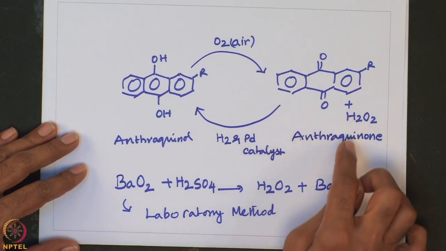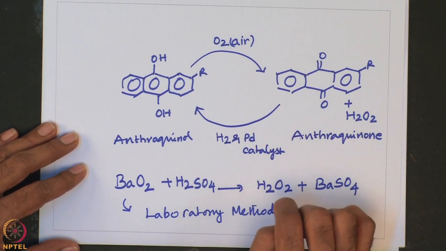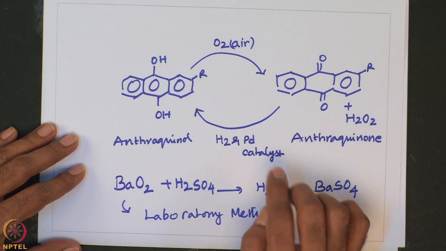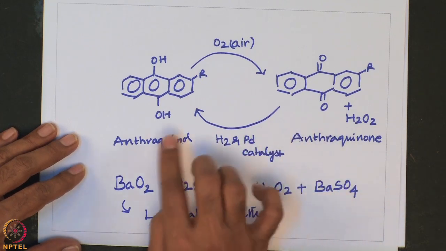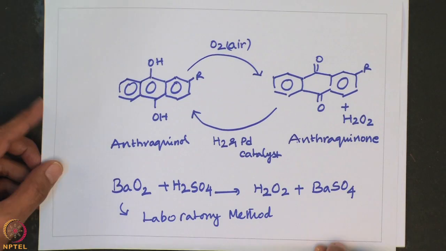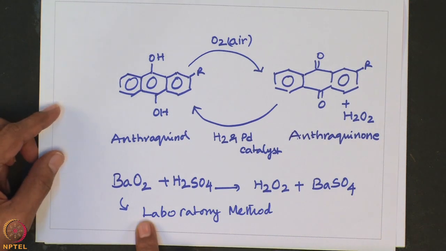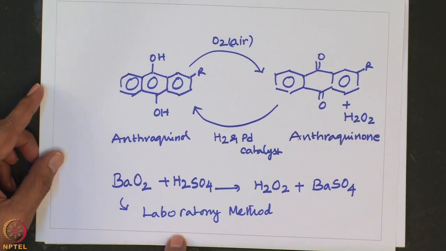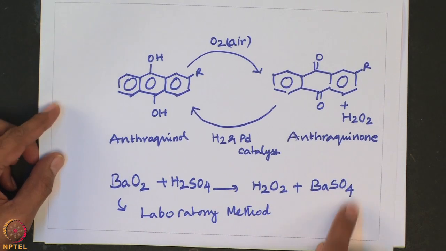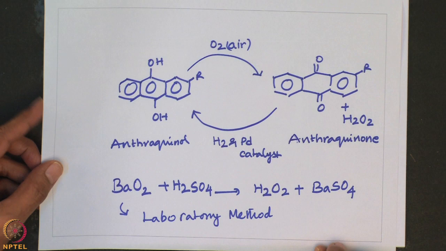Treating anthraquinone with hydrogen under catalytic conditions using a palladium catalyst, one can reduce it back to anthraquinol and repeat this cycle to get H2O2. And in the laboratory method, one can simply treat barium peroxide with sulfuric acid to form H2O2, and BaSO4 is formed, it precipitates out, and this can be taken.